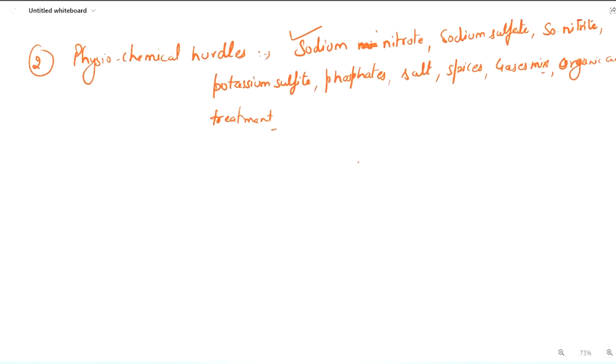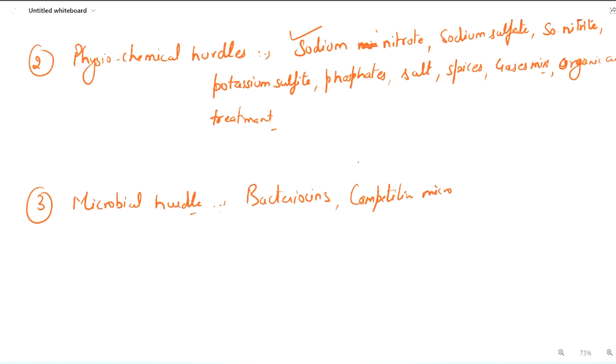Another type of hurdle is the microbial hurdle, in which there could be bacteriocins, competitive microbes which do not allow the growth of pathogenic microbes, and treatment with antibiotics.